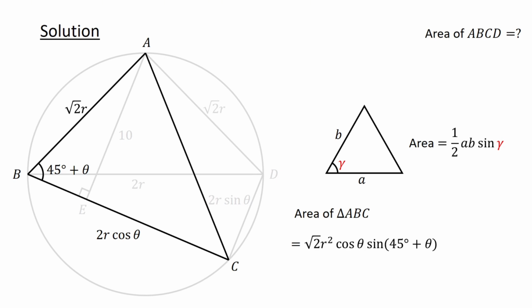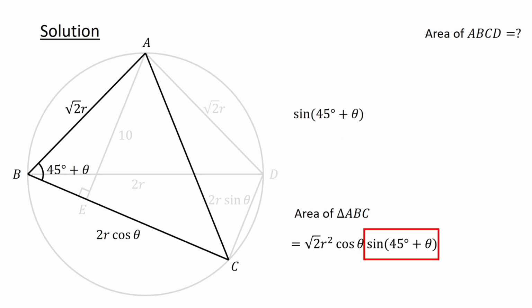Let's expand sine of (45 degrees plus theta), giving us sine 45 degrees times cosine theta plus cosine 45 degrees times sine theta. Sine 45 degrees and cosine 45 degrees equal 1 over square root 2.